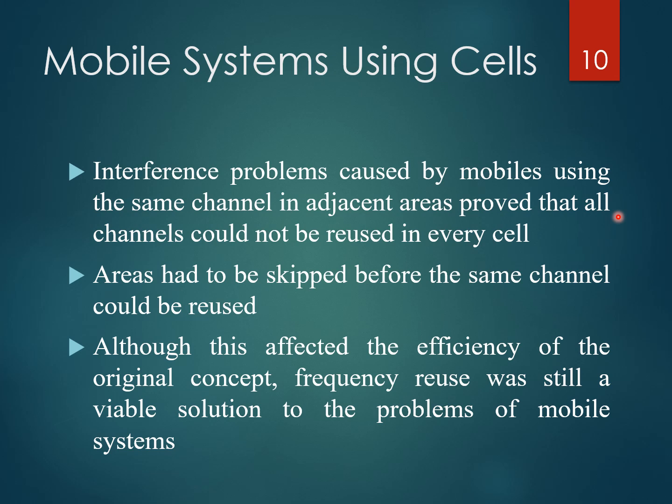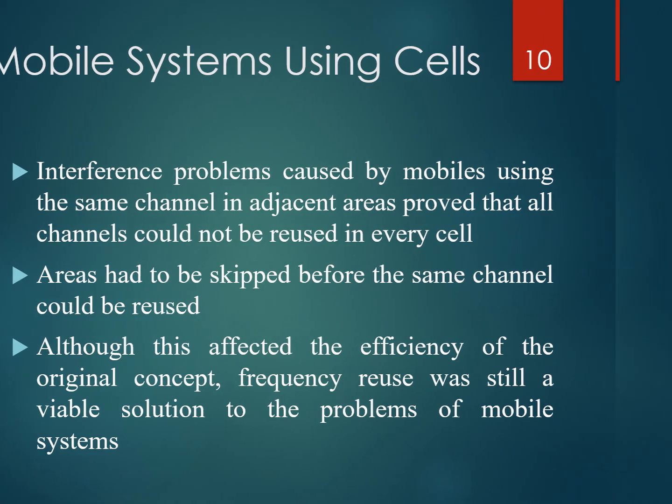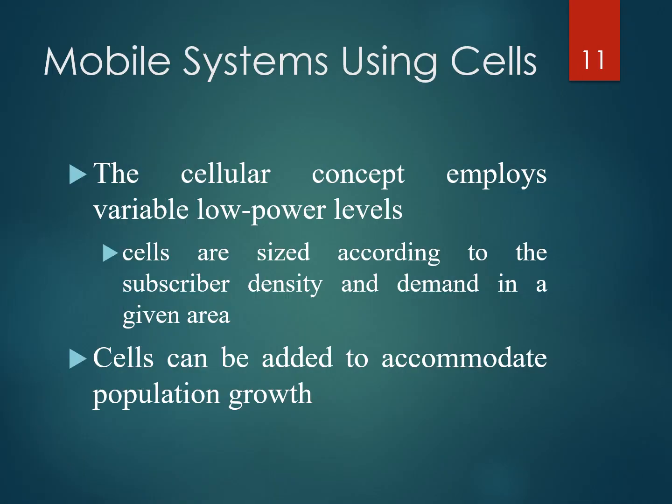In order to avoid that, they are using the frequency reuse concept, reusing frequencies in a different location. This affects the efficiency of the original concept, but frequency reuse was still a viable solution to the problems of mobile communication. Let us see how they are overcoming that problem. The cellular concept employs variable low power levels.